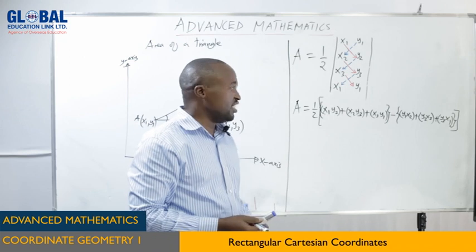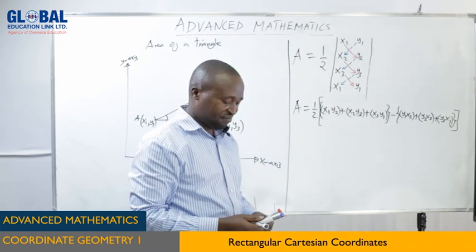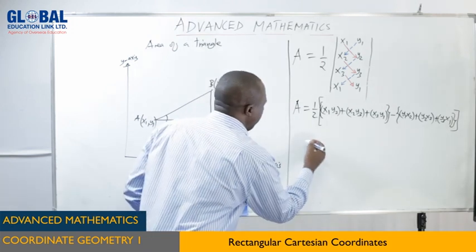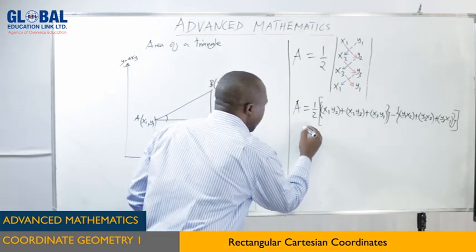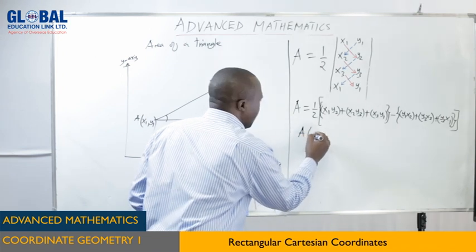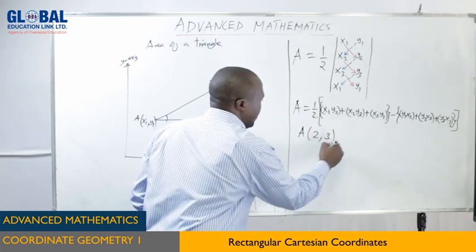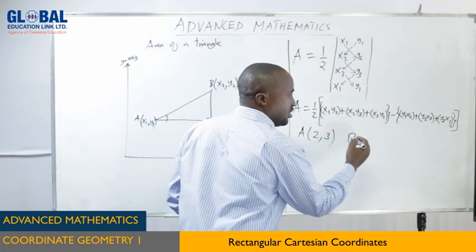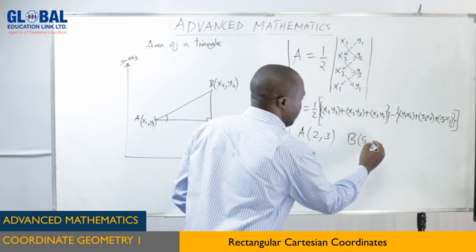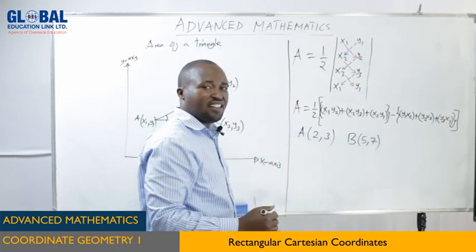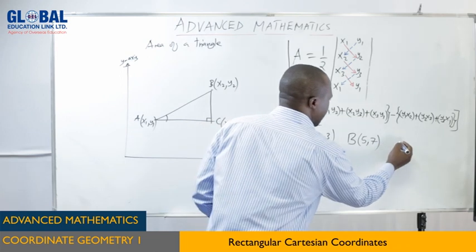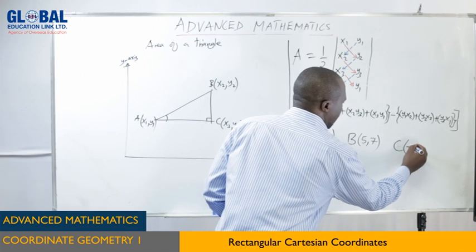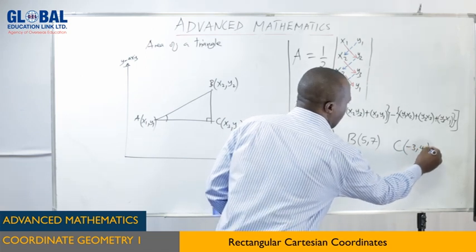So back to our question, we'll follow the same procedure. The coordinates in our question are: coordinate A, that is (2, 3), the second coordinate B, we have (5, 7), and the last coordinate C, we have (-3, 4).